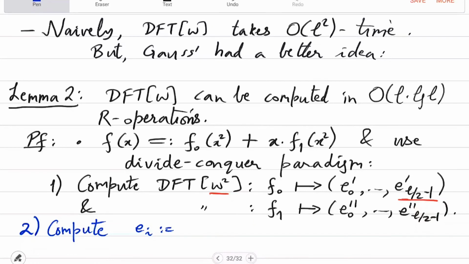So how will you merge? So you want to say E_i prime plus omega to the i times E_i prime prime, for E_i, and then E_{i plus L by 2} with minus omega. Yeah, so this is actually only for half the i's.